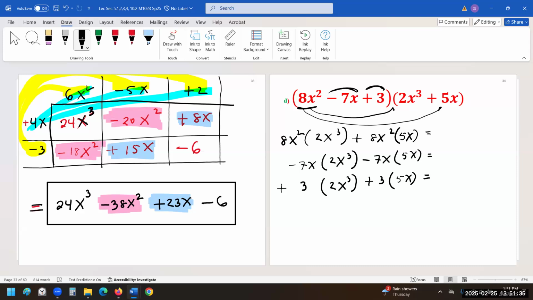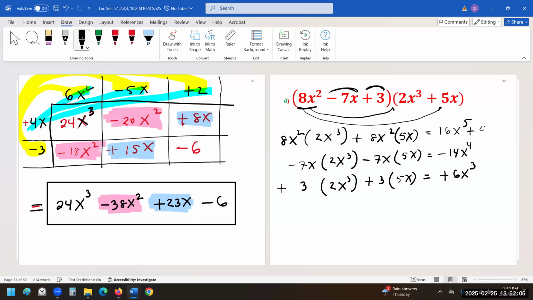So what do you have in the first row? 16x to the 5th. Oh, you have 14 here, so minus 14x to the 4th. Okay. Plus 6x to the 3rd. Next.